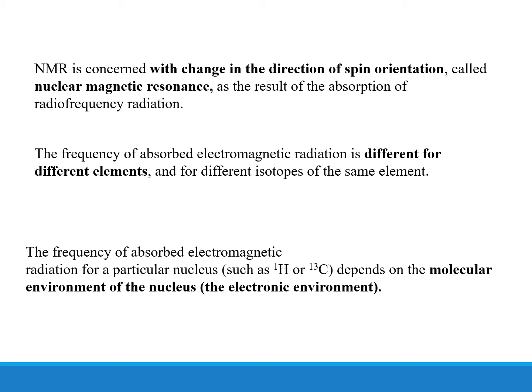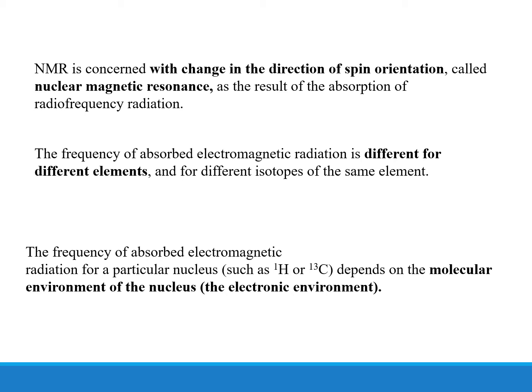Because the frequency of absorbed electromagnetic radiation is different for different elements, even for different isotopes within the same element, it will be possible to identify the characteristics of every atom within a given organic structure.